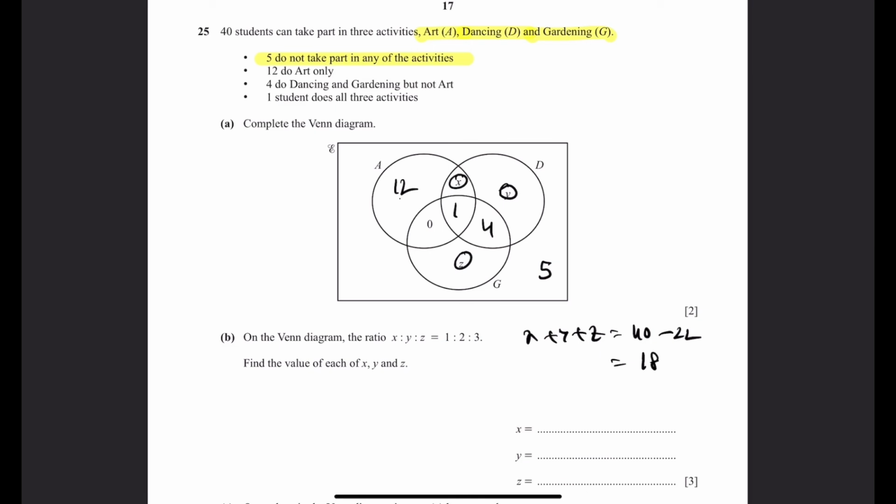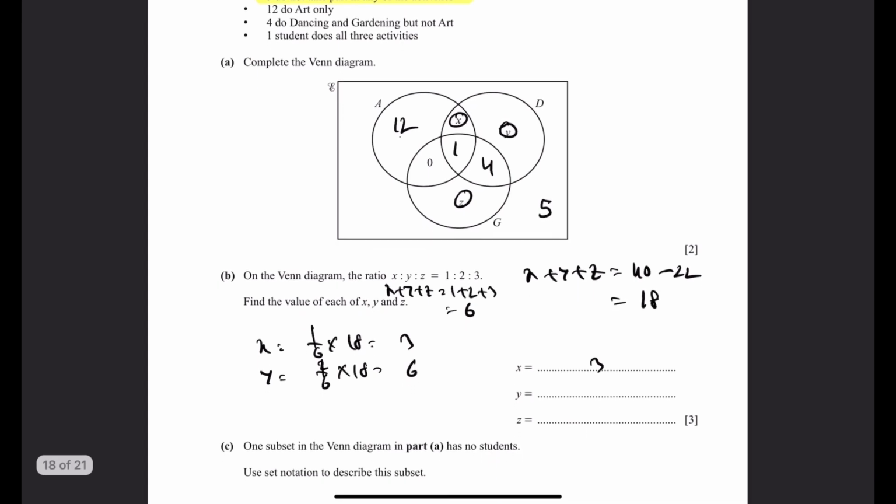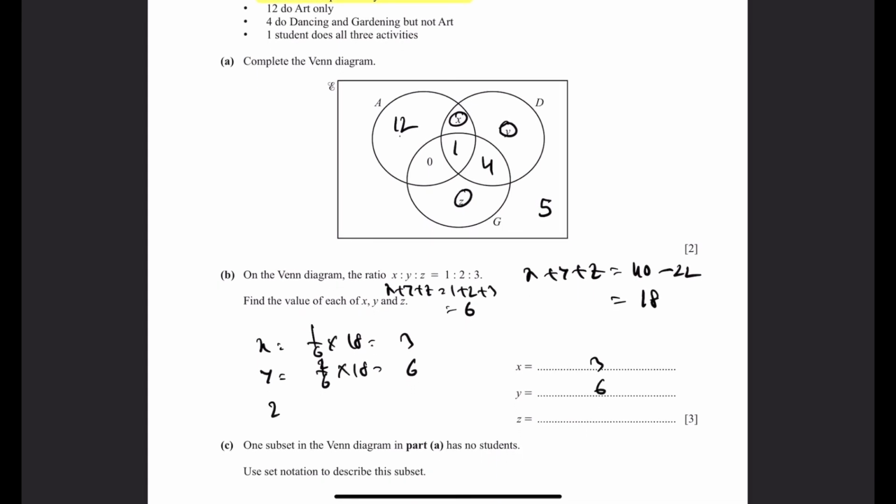Now sum of this ratio x plus y plus z equals 1 plus 2 plus 3, so 6. Okay, so x will be 1/6 of 18, that is 3. Y is 2/6 of 18, so 6. And z is 3/6 of 18, so this is 9.